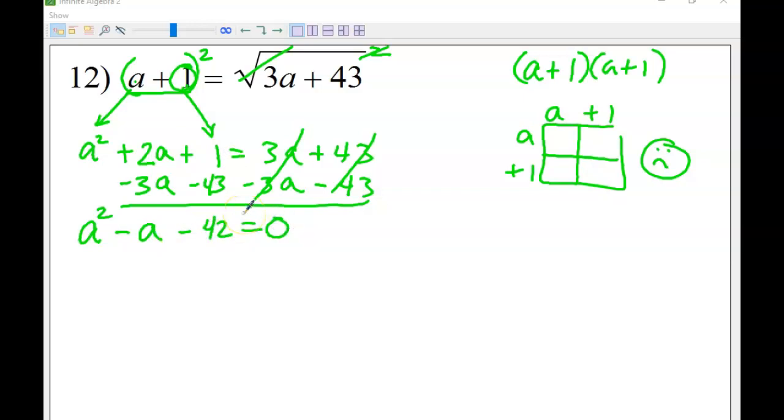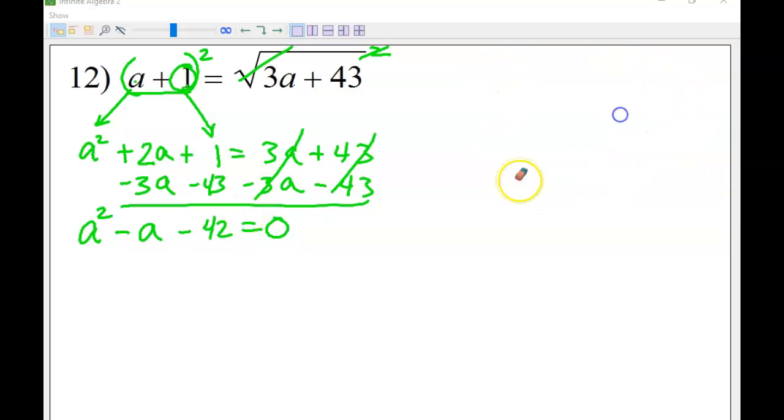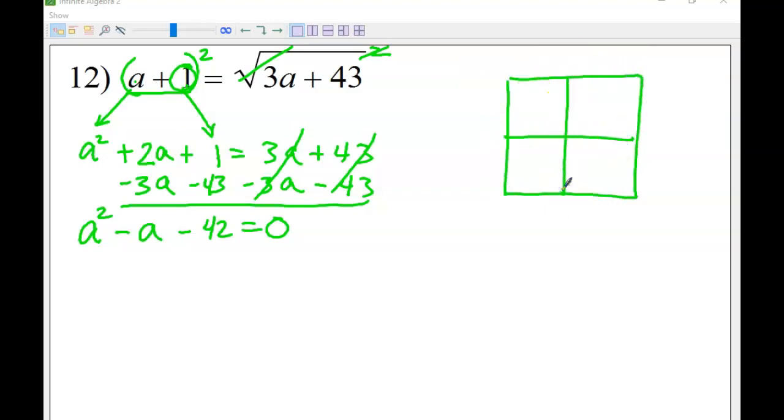And then I'm going to go once again with a factoring approach to solve this. But once again, you could use the quadratic formula. Box method, because it's got 3 terms. A squared here, negative 42 here. A times a makes a squared. 42 comes about by 7 and 6. I need a negative 1a in the middle, so that would mean, in this case, the 7 would have to be the one that's negative.